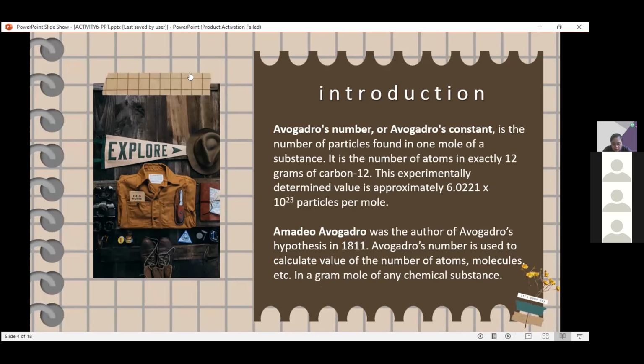It is the number of atoms in exactly 12 grams of carbon. The author of Avogadro's hypothesis in 1811 is Mr. Amedeo Avogadro, and the use of Avogadro's number is to calculate the number of atoms, molecules, etc. in a gram mole of any chemical substance. Next po.